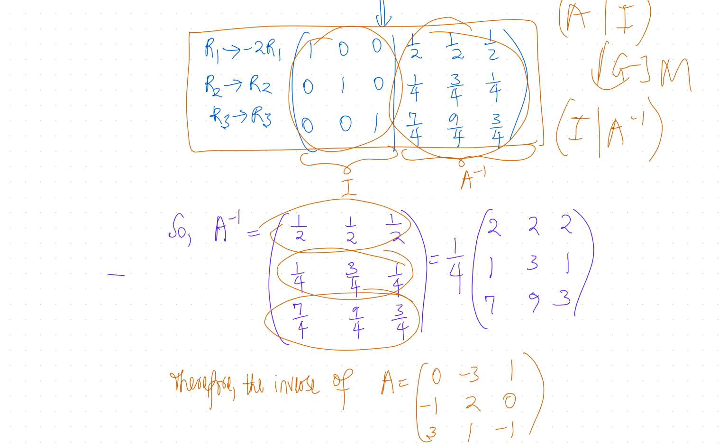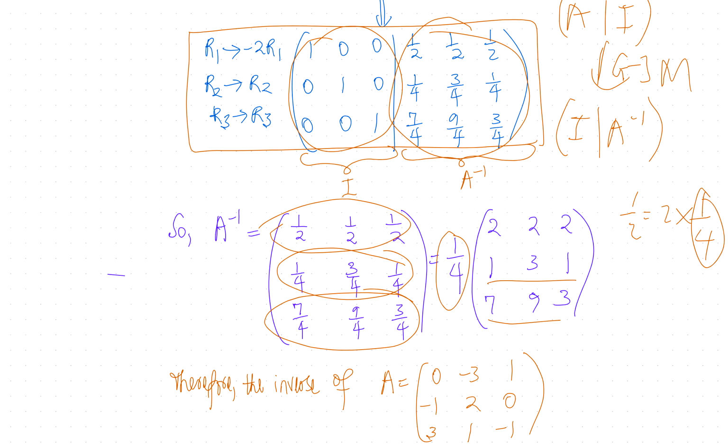And for these ones now, you just have 7, 9, 3, 1, 3, 1. But these ones are half, right? So for you to take 1 over 4 out, 1 over 2 is the same thing as 2 times 1 over 4. So if you take the 1 over 4 out, all these halves will just remain 2, 2, 2, like that. So that's your inverse.